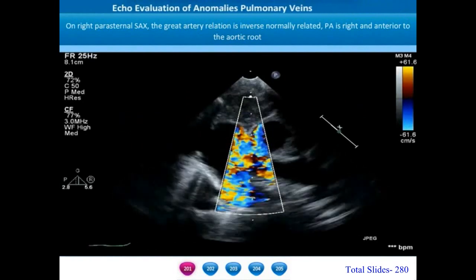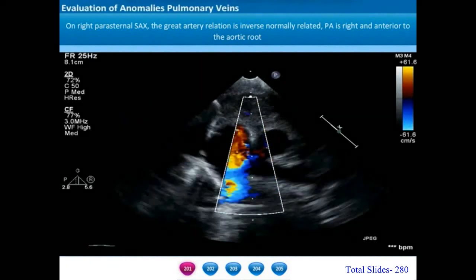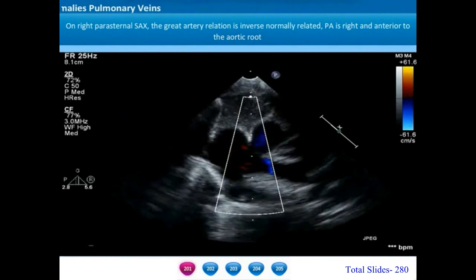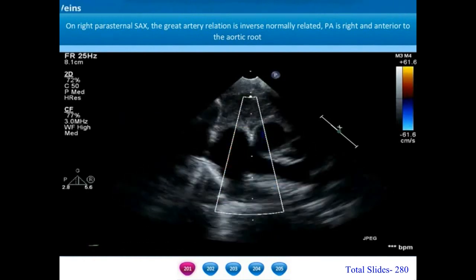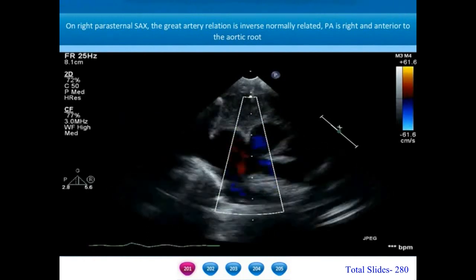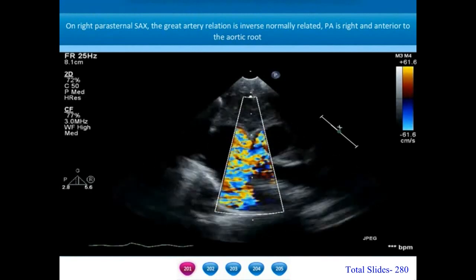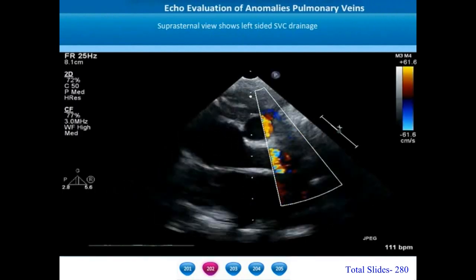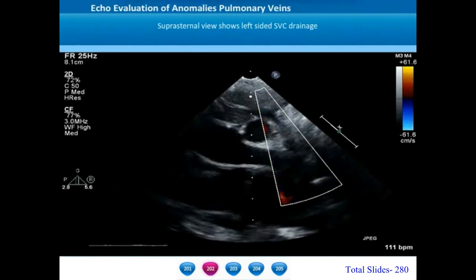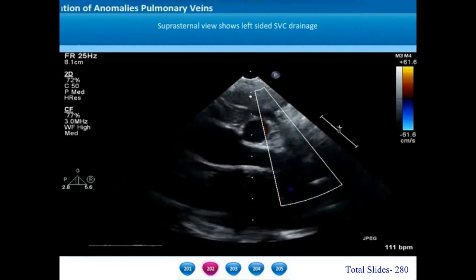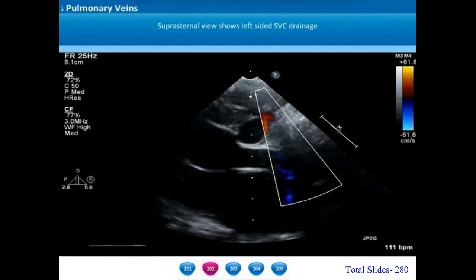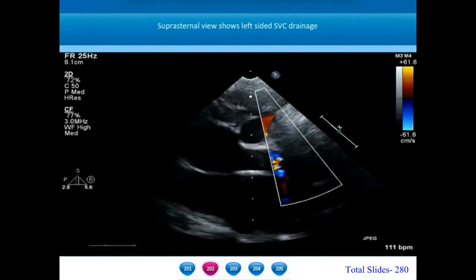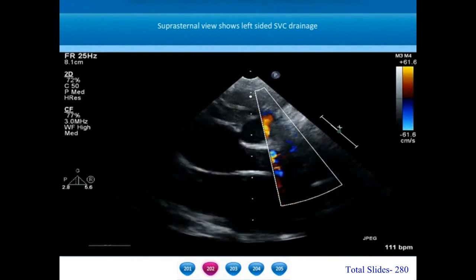In this patient with situs inversus dextrocardia mirror imagery, we can appreciate the aorta and pulmonary artery relationship are also inversely related to the normal. On a suprasternal view, we find that both the innominate veins are converging towards the left-sided superior vena cava that drains into the left-sided morphological right atrium, which is a classical feature of mirror imagery.